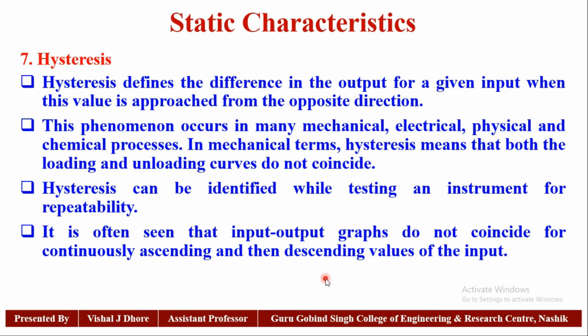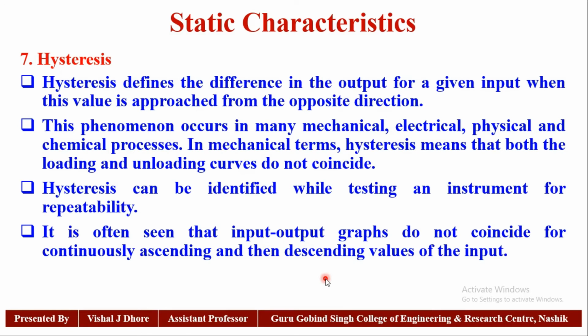In mechanical terms, hysteresis means that the loading and unloading curves do not coincide. Hysteresis can be identified while testing an instrument for repeatability. It is often seen that input-output graphs do not coincide for continuously ascending and then descending values of the input.